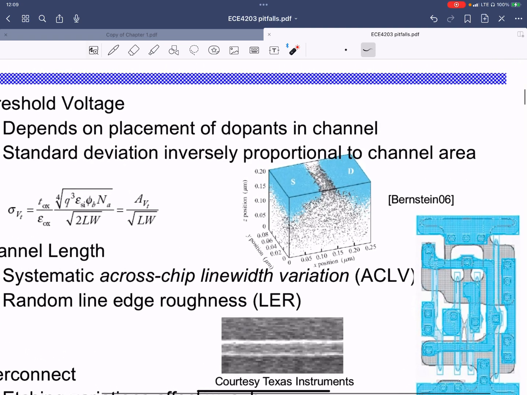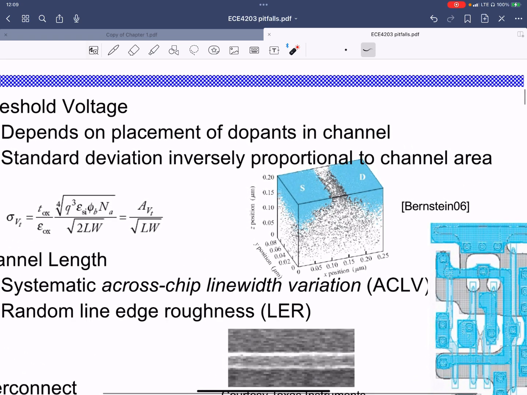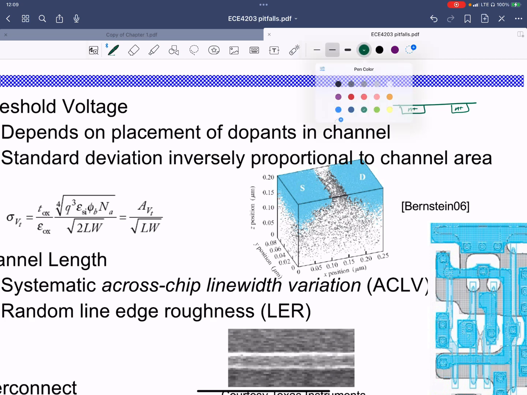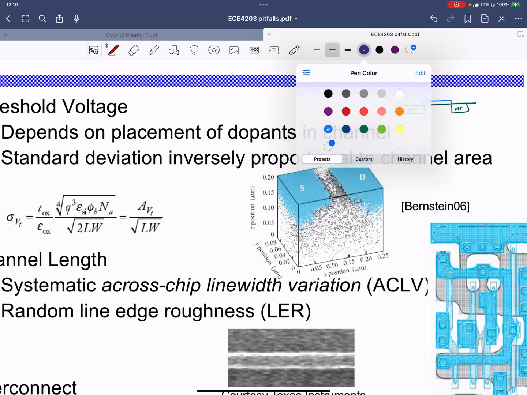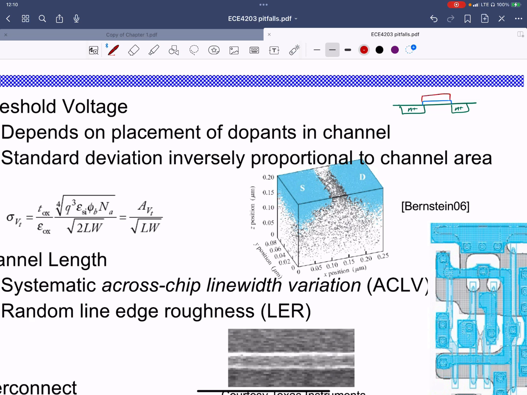So for example, here's a cross section of a device. If I was going to draw this across, usually we see this as N plus, N plus, and then there would be a gate oxide and a polysilicon gate.